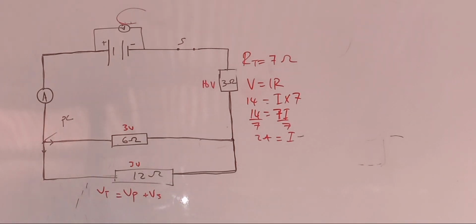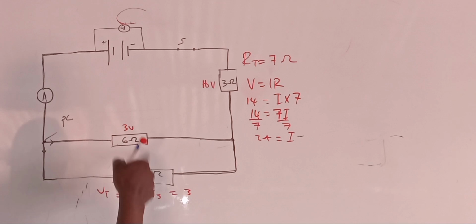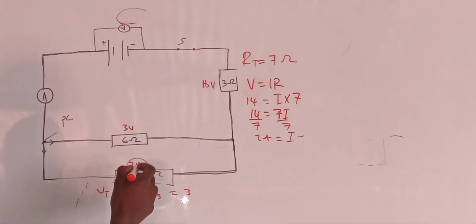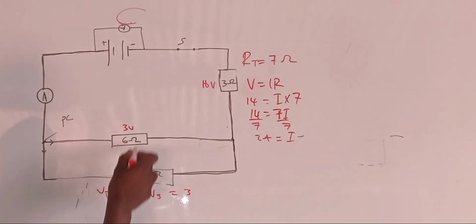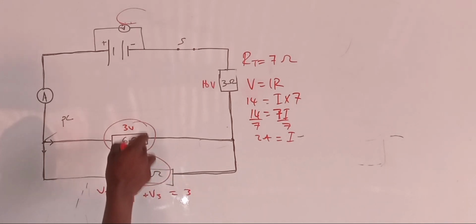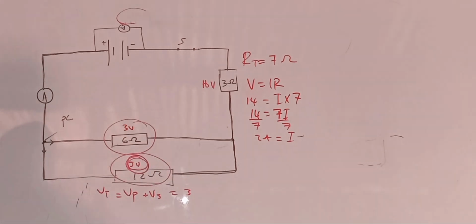Vp is 3, not 3 plus 3, because they're connected in parallel. No, it doesn't work like that. You take one voltage, because the voltage that is distributed between these two resistors, they actually share the same voltage. So it will be 3 plus 16, which is 19 volts.